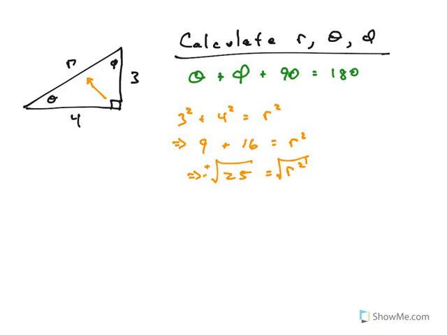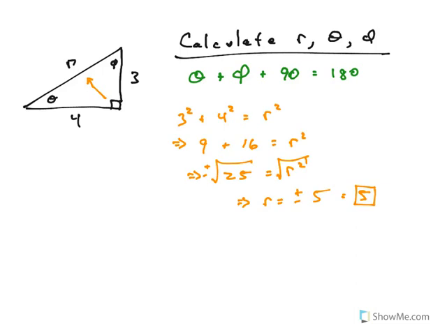There's plus or minus sitting there. So r becomes plus or minus 5. But I know r has to be positive. I'm talking about how long is the side. A negative length doesn't make sense. So I know the answer is actually positive 5. So I now know r. I found out one piece of information.